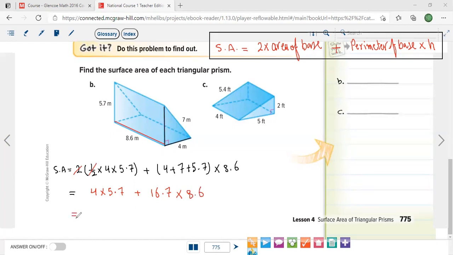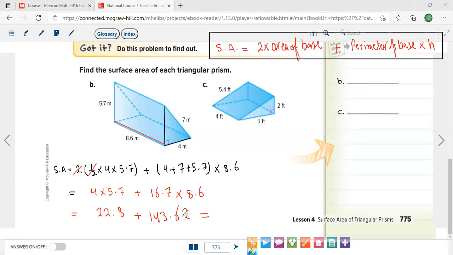4 times 5.7, this will give you 22.8. 16.7 multiplied by 8.6, this will give you 143.62.